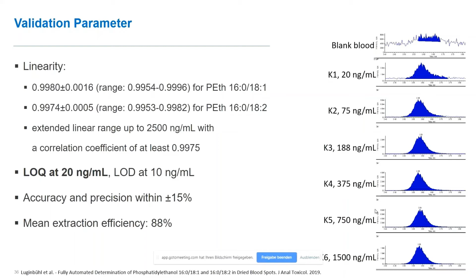The LOQ was confirmed at 20 nanograms per milliliter, the LOD at 10 nanograms per milliliter, which is ideally suited in order to perform PEth analysis, as you usually apply a cutoff of 20 nanograms per milliliter to distinguish between abstinence and moderate alcohol consumption. On the right, you can see how the signal intensity looks based on the standard measurement for PEth 16:0/18:1 in the calibrators of the blood.